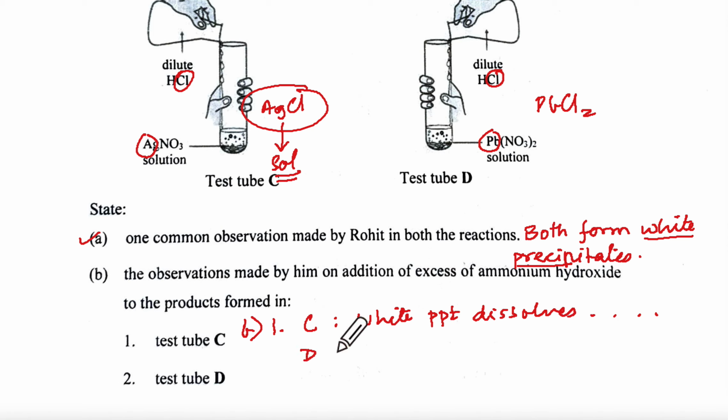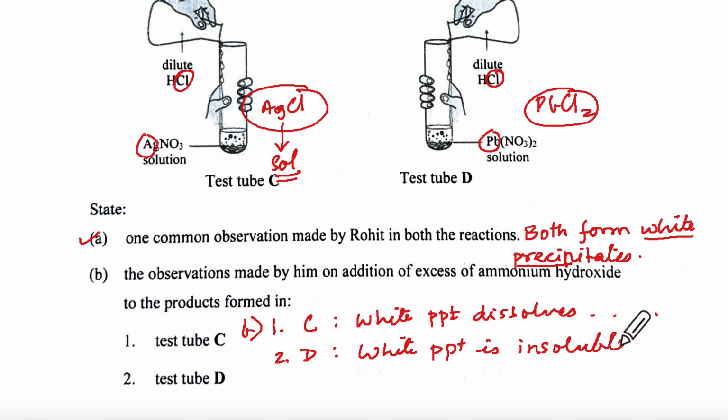And in case of the second part, PbCl2 has nothing to do with excess of ammonium hydroxide. It's going to be insoluble. So here you will say white PPT is insoluble in excess of NH4OH. So this would give you your 1, 2, 3 full marks.